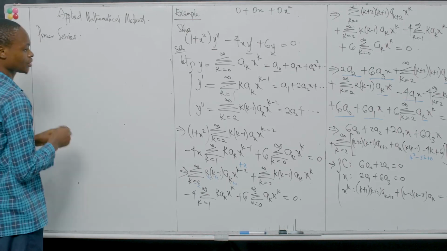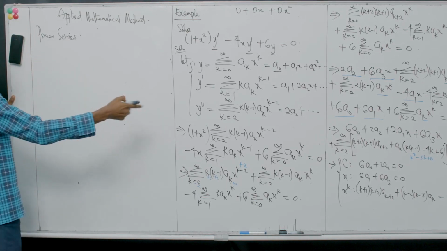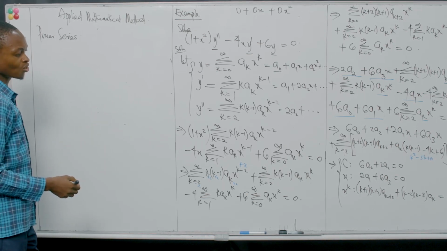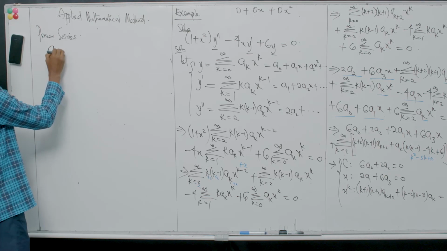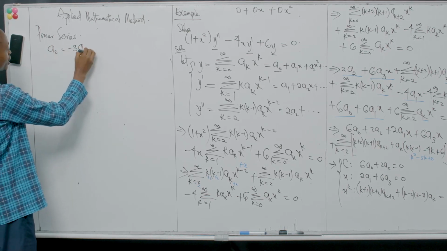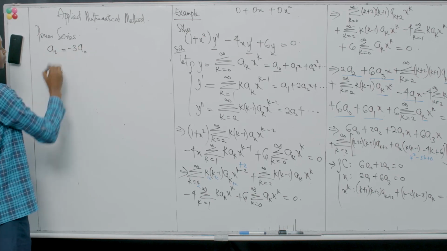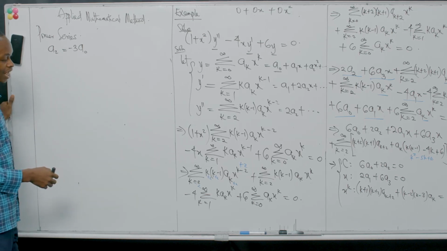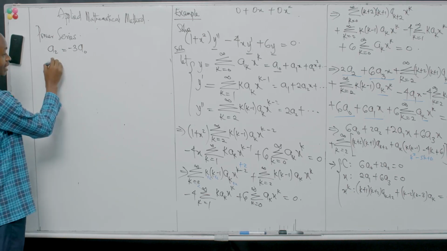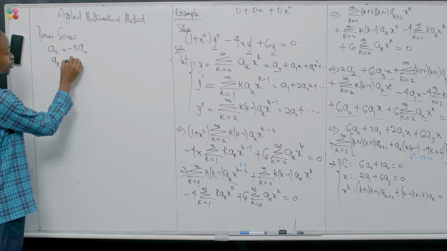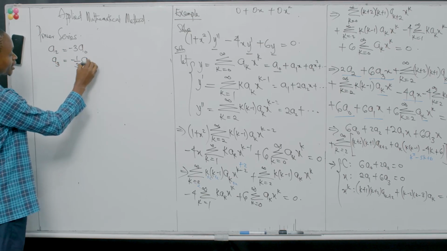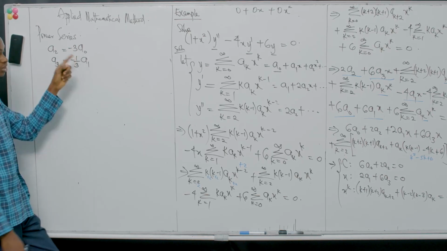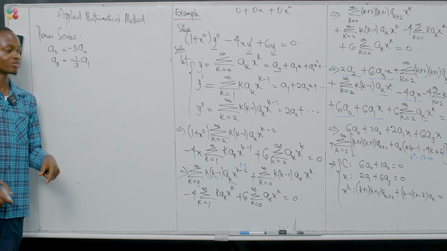So for the constant part, if I make a2 subject of the formula, I have that a2 will be equal to minus 3a0. From the second equation, I would have that a3 is equal to minus 1 over 3 a1. So a0 and a1 are obviously the recurring values.